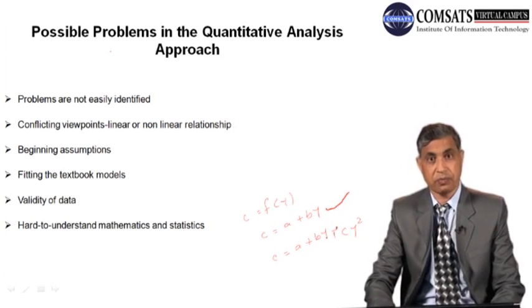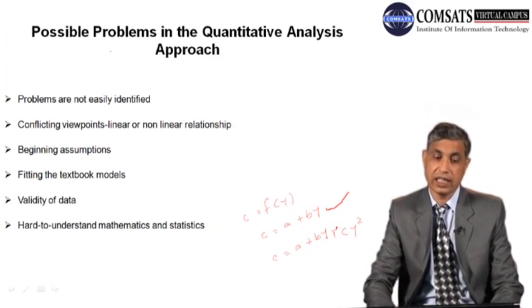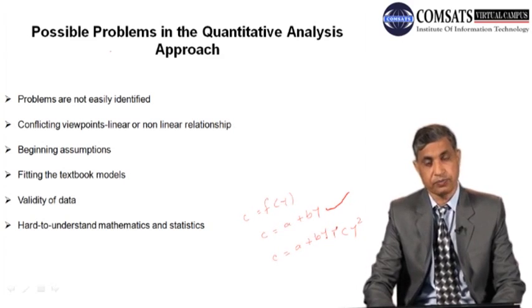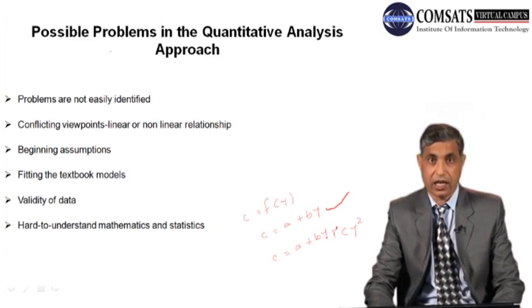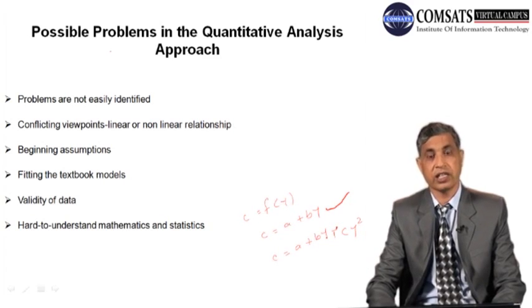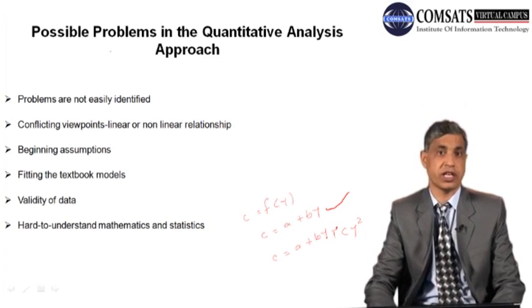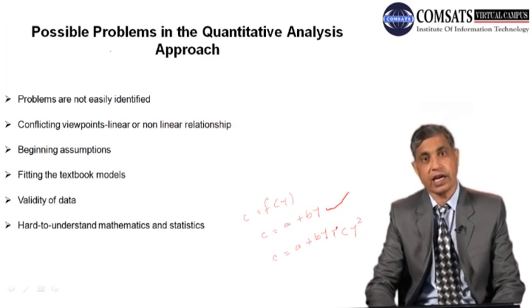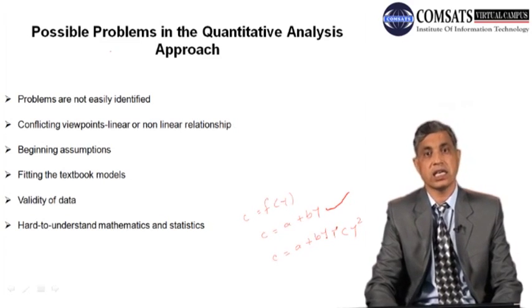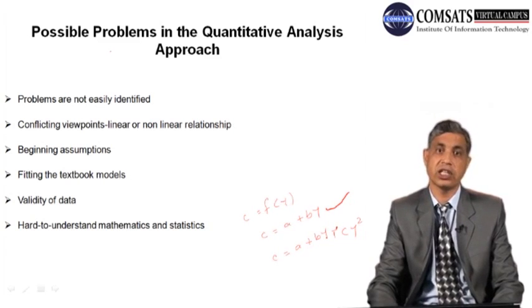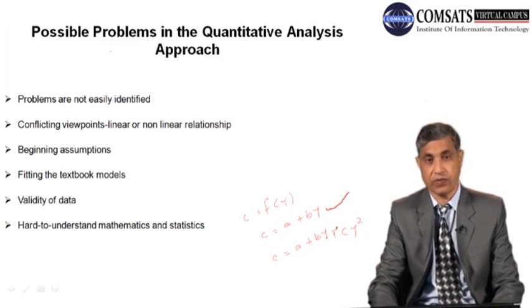The next problem with this quantitative technique is the validity of data. In quantitative techniques, we use data, and data reliability is very questionable. Although secondary data is available in many shapes, and the researcher is free from the bias that he has to use the data in the same way.